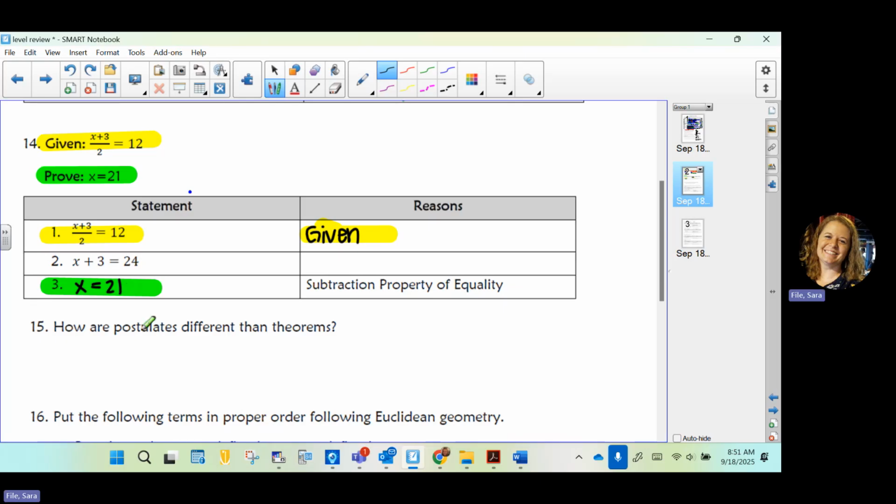So now the only thing we have to fill in for reasons is how we got from statement 1 to statement 2. How did we get from here to here? How did they get rid of that divided by 2? They multiplied by 2. So that's the multiplication property. They multiplied both sides. What you do to one side, you do to the other.